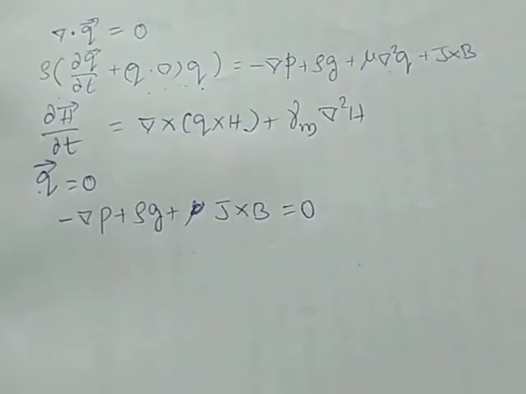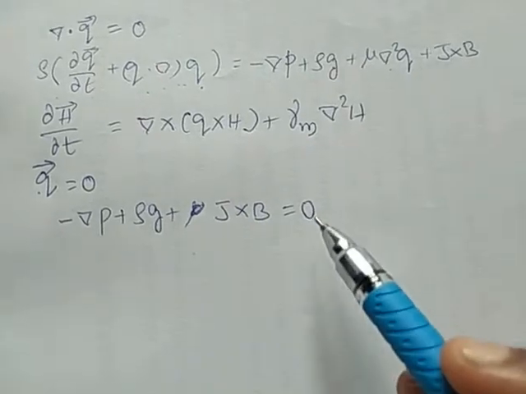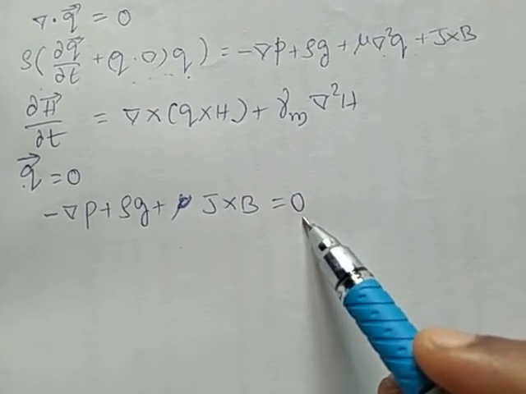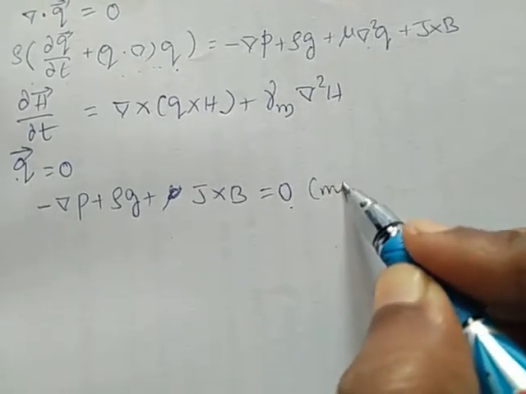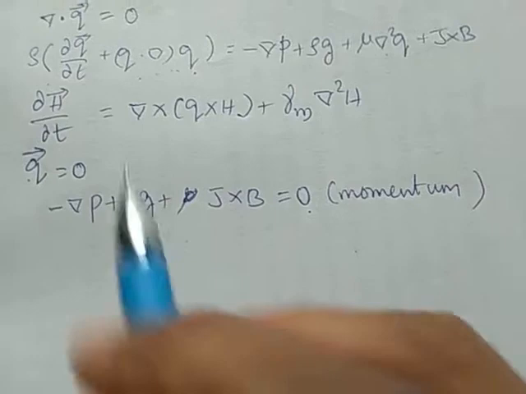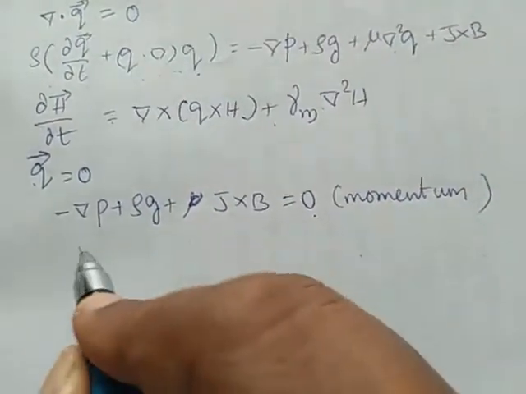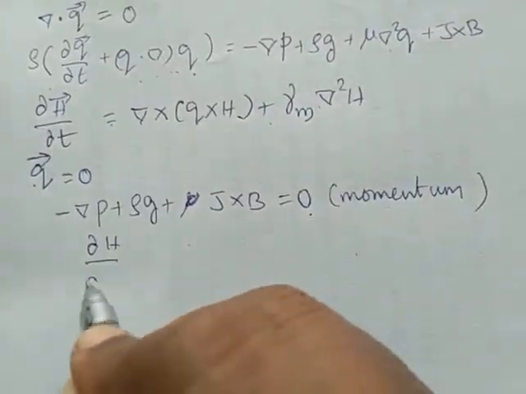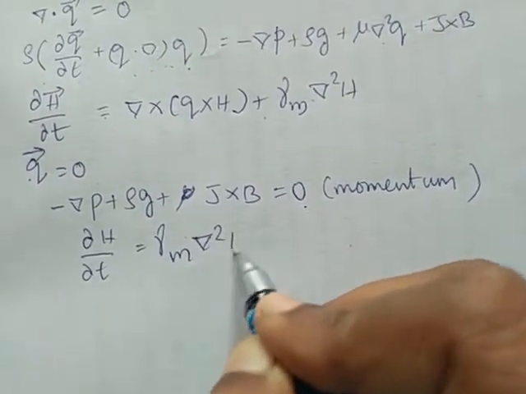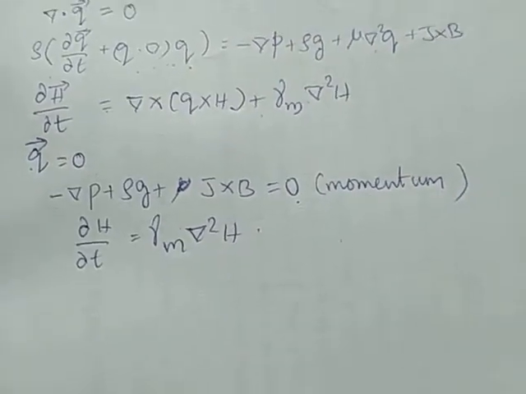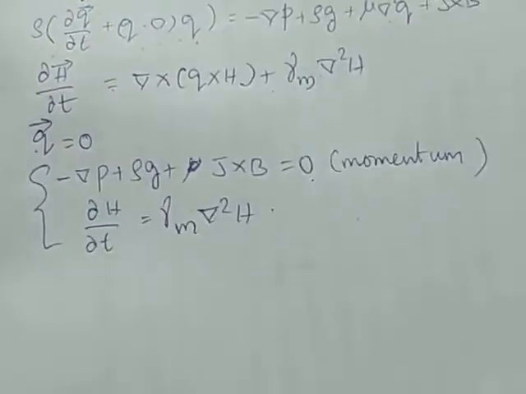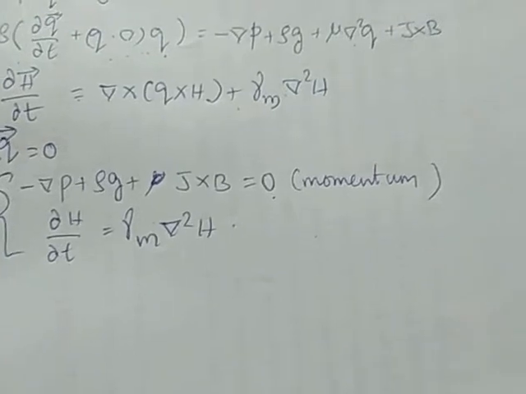For magnetostatics, minus del P plus rho G plus J cross B equal to 0 is our momentum equation. And from the magnetic field equation, dou H by dou T is equal to nu m del square H. So for magnetostatics, these two equations are our basic equations.